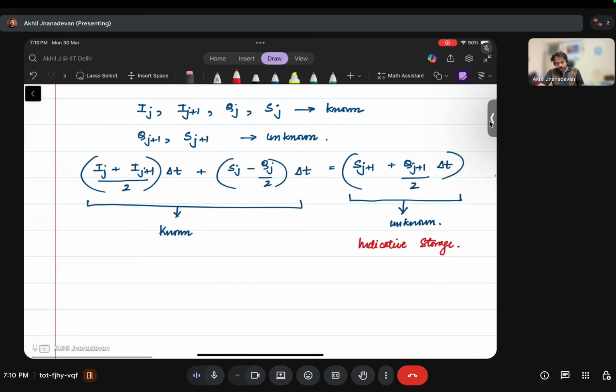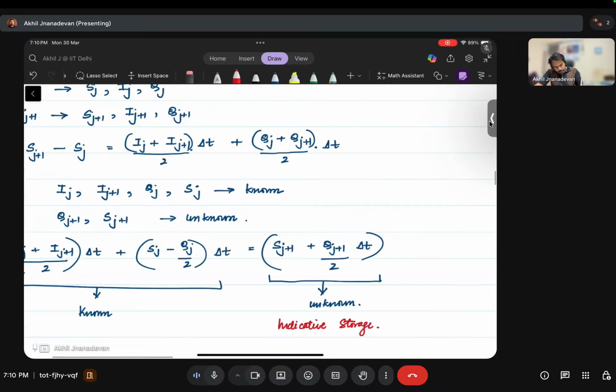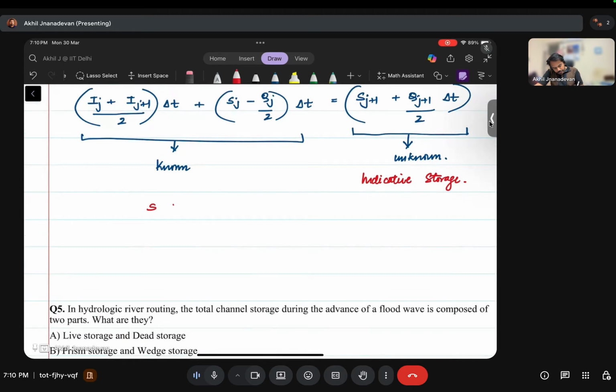If we could plot this unknown term, S plus Q by 2 delta t, versus H, and find a relation of this with H. For different H, we have Q and also S, so we can substitute those values and find a relation of this indicative storage with H. Once we get this unknown term by substituting all the values in the LHS, we put it in this indicative storage versus H relationship and get that H value.